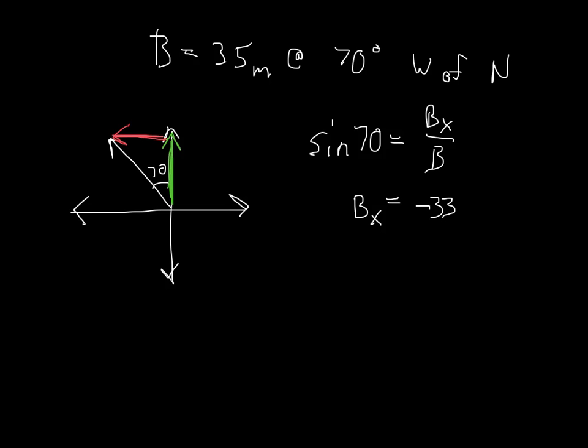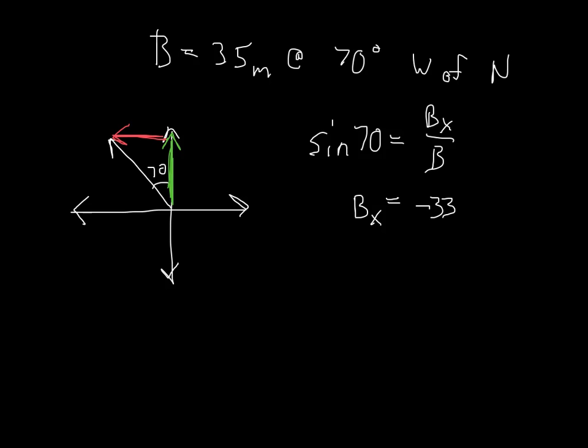This is why we draw pictures. This shows us that they're going in opposite directions. So the math might not give you that it's negative. What you have to do is look at the physics, look at the picture of what's going on. You know it's going in the negative direction, so you have to smack that negative on there.